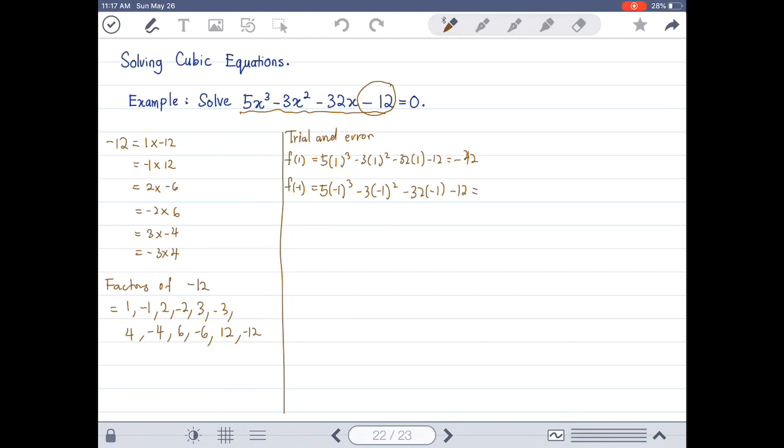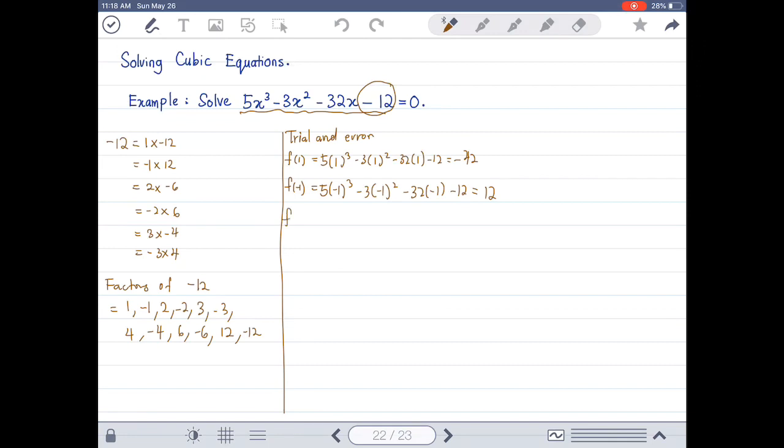Negative 1 cubed, minus 3 times 1 squared... so we will get 12.